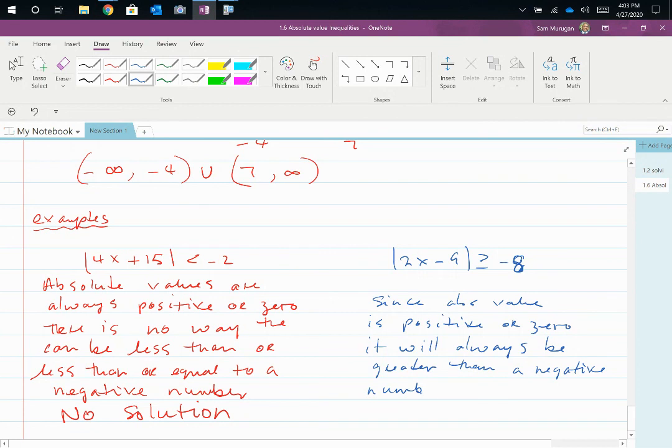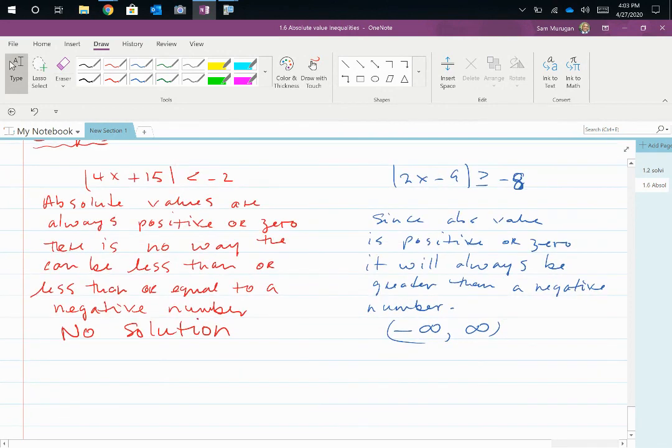In other words, the solution here is all real numbers from negative to positive infinity, or in the set notation, x all real numbers.